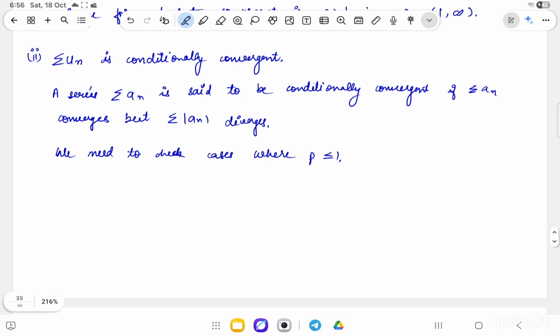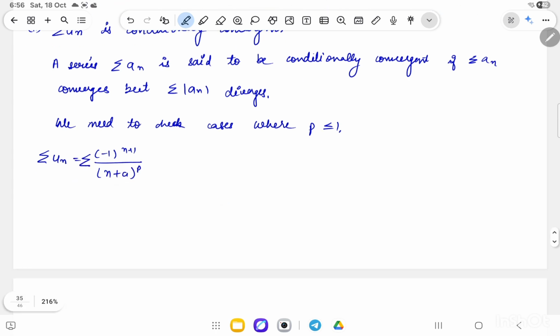Now if you observe, our series summation un is (-1) raised to n plus 1 divided by (n plus a) raised to p. This is our value, and we know that there is a test, the Leibniz test. Let me just recall that test.